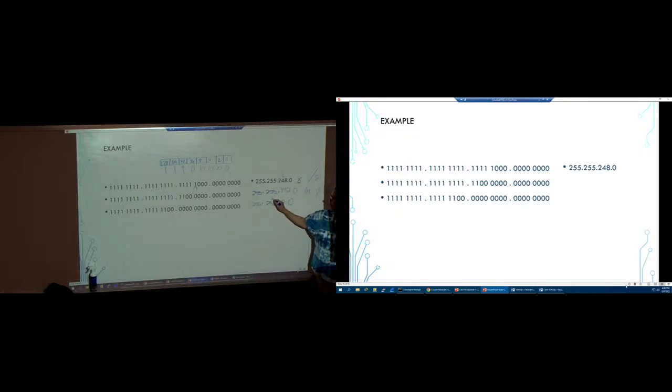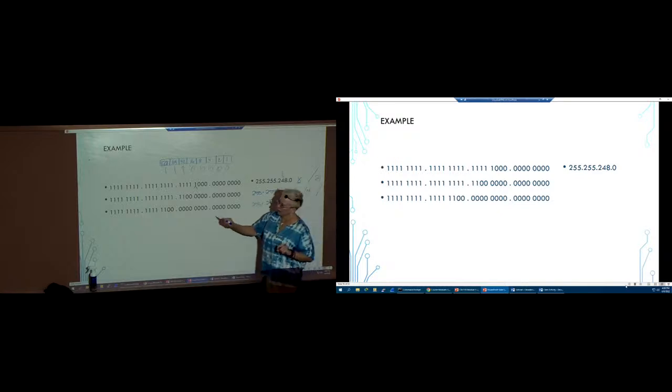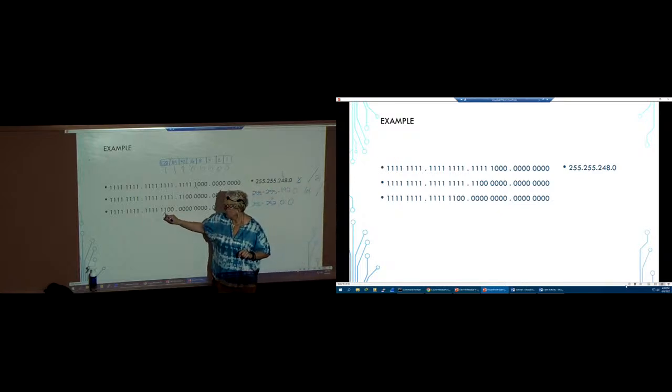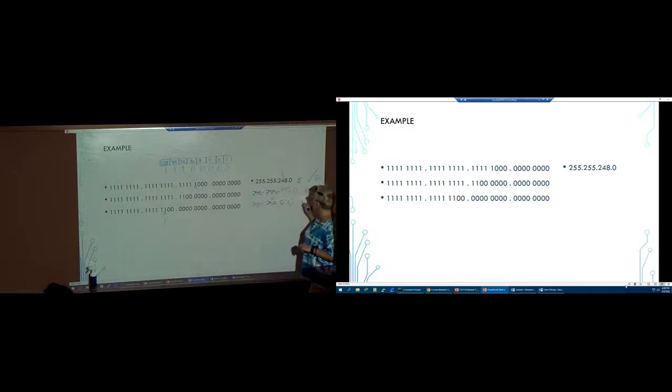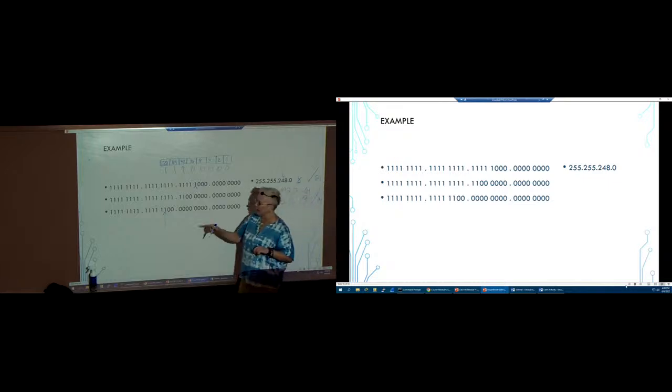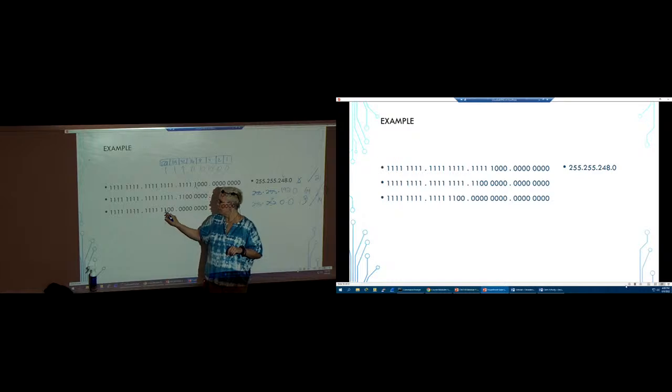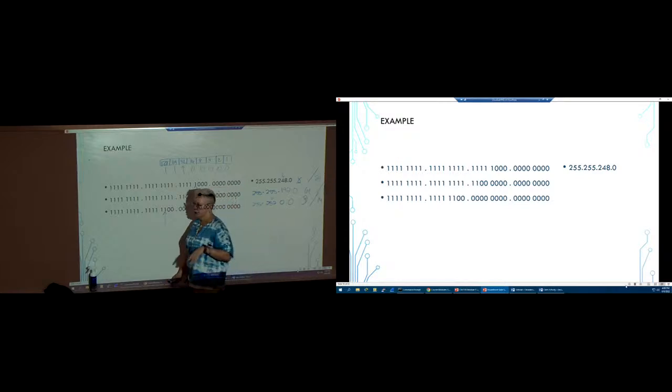It's in the second octet. Now 252, where is my positional value? I can look right here, and I can see this is the 4th position. 1, 2, 4. So it would be 4th positional value. And what's my slash, my abbreviated form? 14. I just count up the network bits. 8, 9, 10, 11, 12, 13, 14. Everyone got it? So if you just take it slow, you won't make any mistakes.